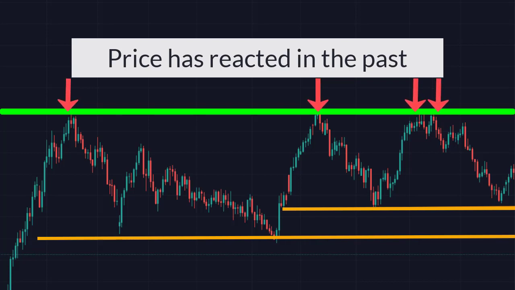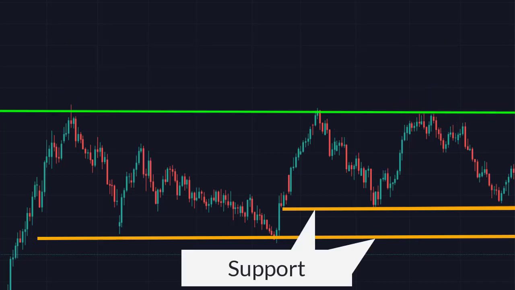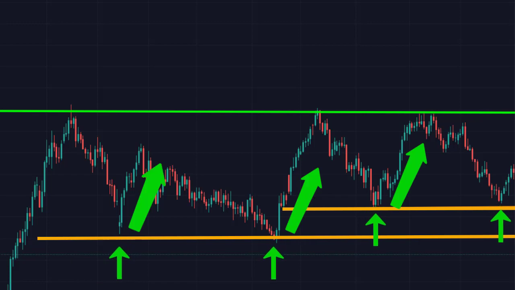This can be seen by change in direction of price near this level on multiple occasions in the past. Support is a similar concept, but it is a level below the current price. The line at the bottom is a support. As you can see, the price reacted to this level on multiple occasions in the past.